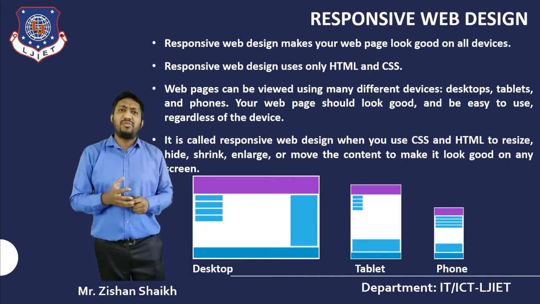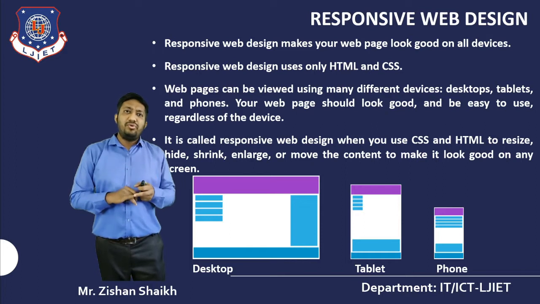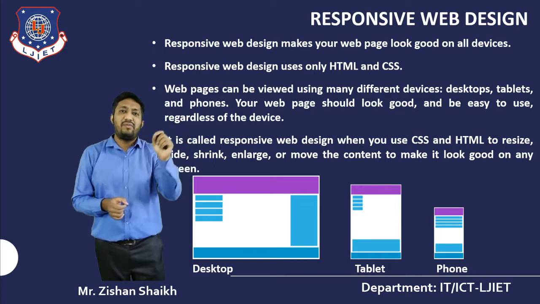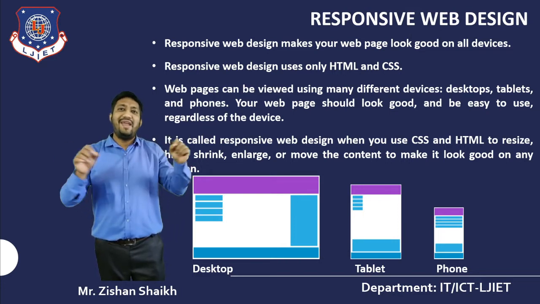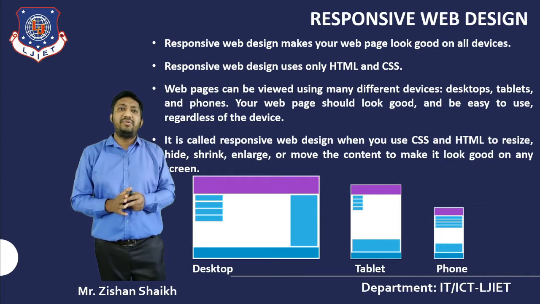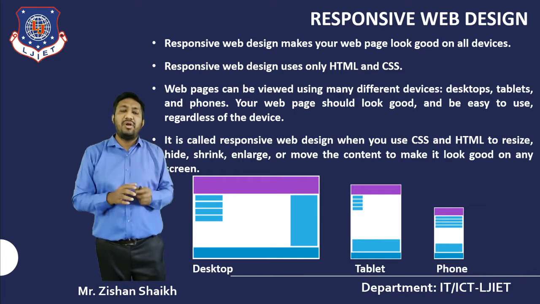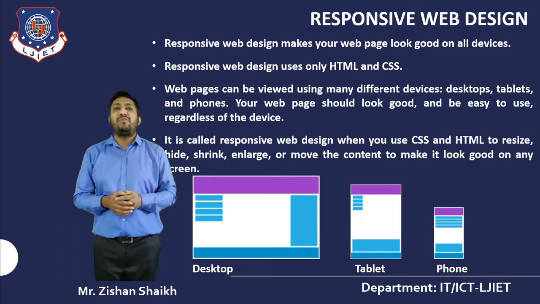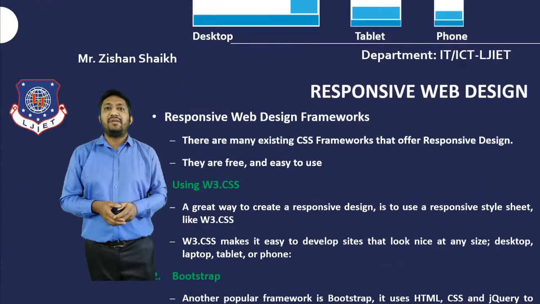It is called responsive because when you use HTML and CSS and resize your web browser, you can shrink or enlarge it, and your design must look good and adjust to the screen. So this is the basic idea of responsive web design.